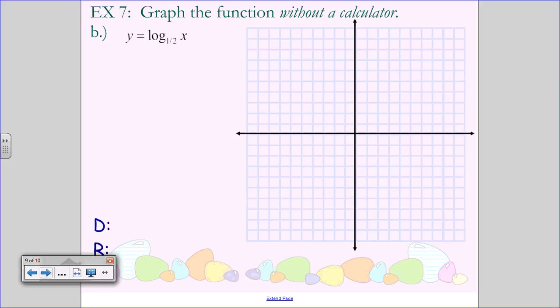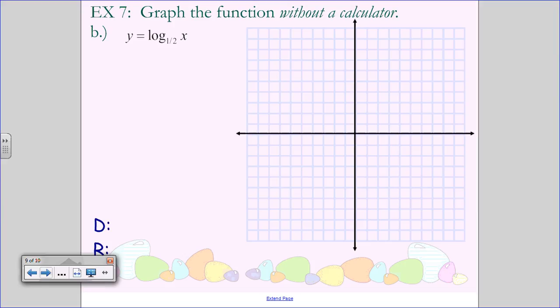Okay, graphing a log is just a little bit different than anything you've ever done before. Since you're not an expert on logs yet, we just have one day, it's easier for you to think about it in the form of an exponential function. But when we graph a log, we don't ever switch x and y.